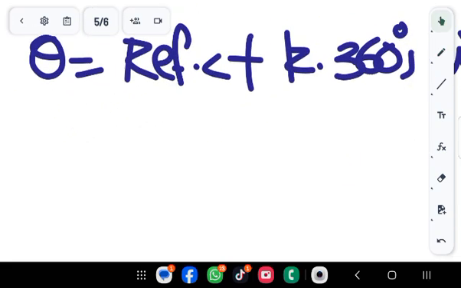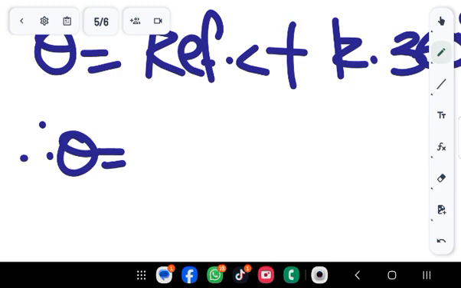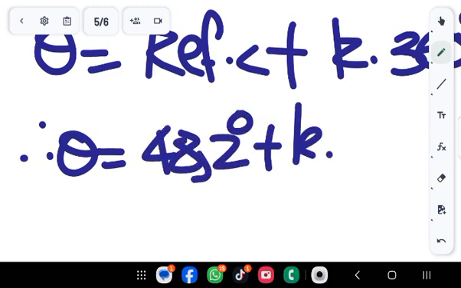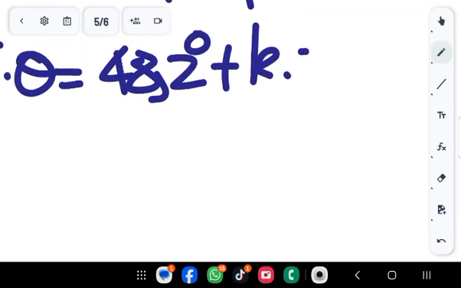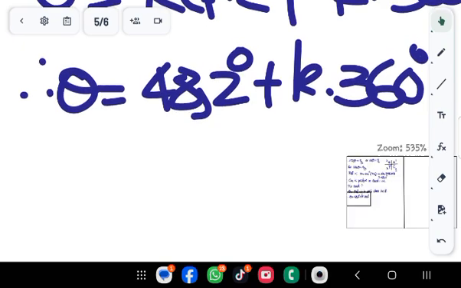So our angle is the reference angle, 48.2 degrees plus k times 360 degrees, where k is an element of integers. We're not going to waste time with that.